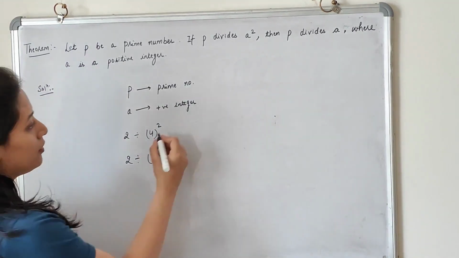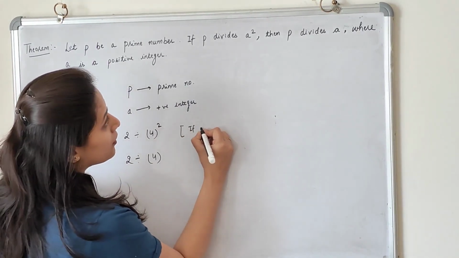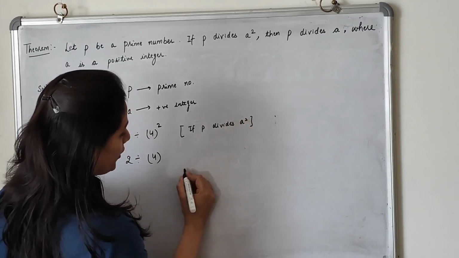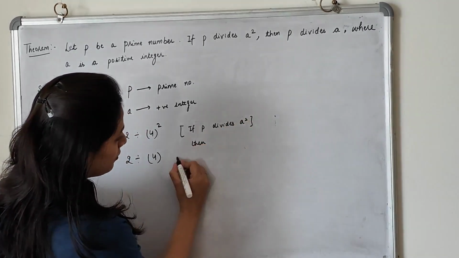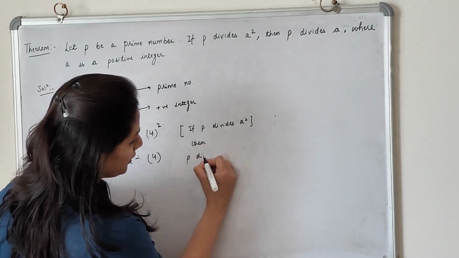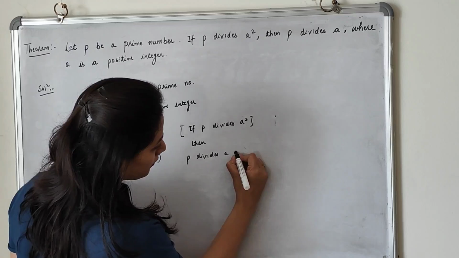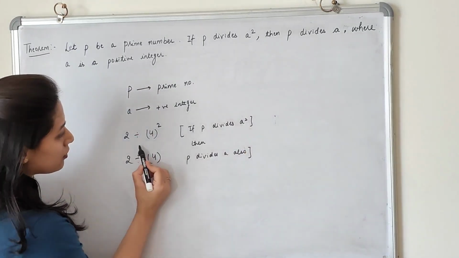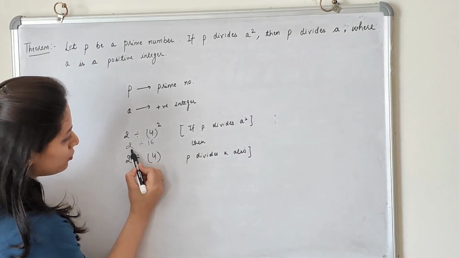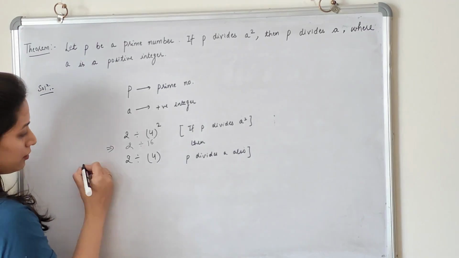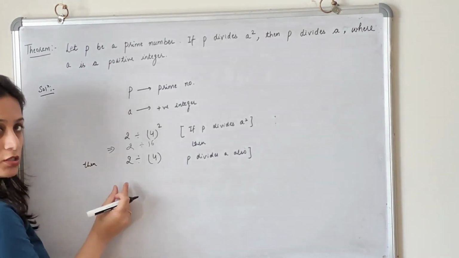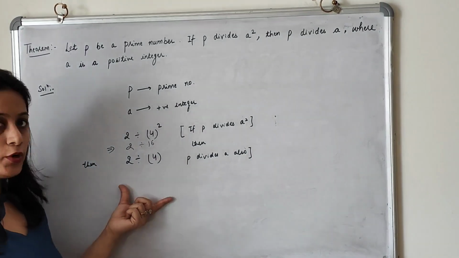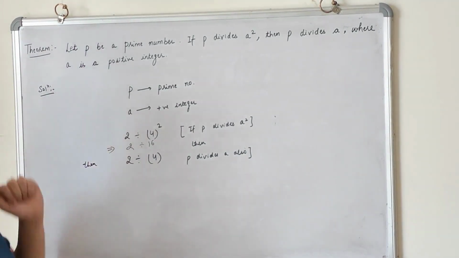That's correct. If P divides A square, then P divides A also, which is true. Here check, 16 is divisible by 2, then 4 is also divisible by 2. So exercise 1.2 questions are based on this theorem.